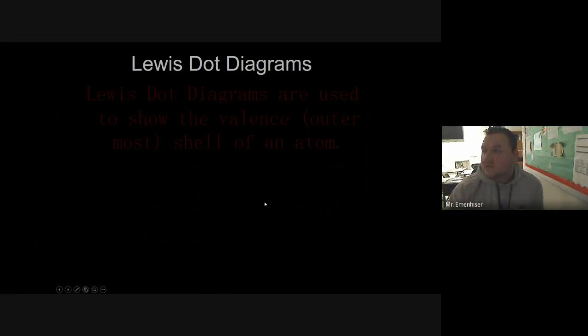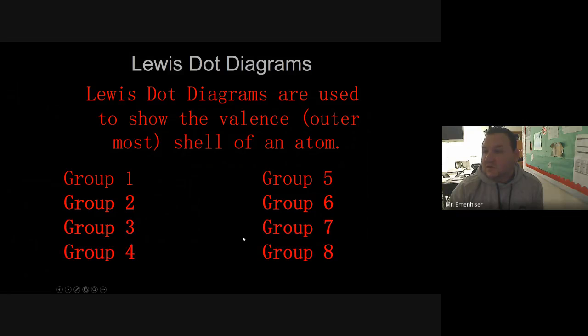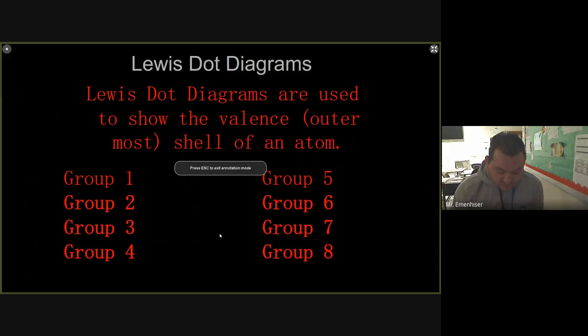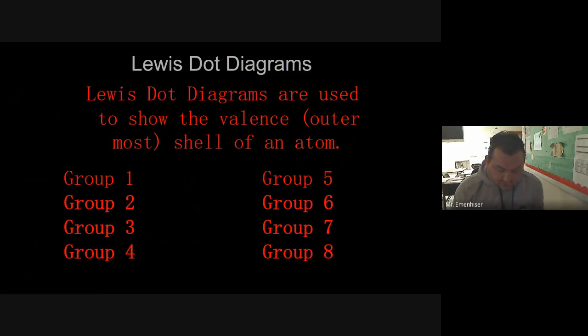So each element as you move across the periodic table, you add one valence electron. So if it's in group 1, for example, hydrogen, it's going to have one valence electron. So the way that we write Lewis dot diagrams is we put the symbol for the element from the periodic table, and then we put a dot there.